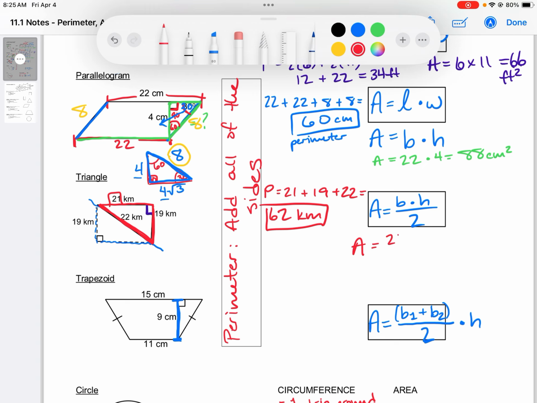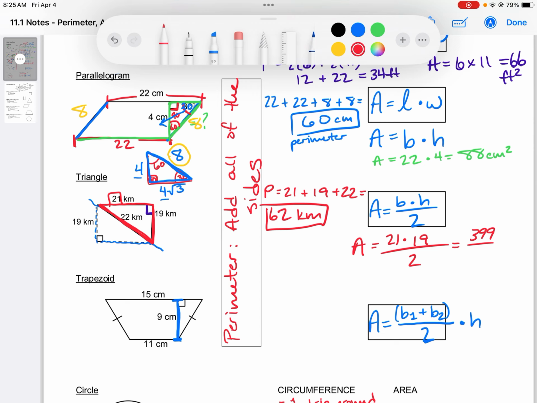For my area, I'm going to take the base of this triangle, which is 21, multiply it by the height, which is 19, and divide that by 2. So 21 times 19 is 399.